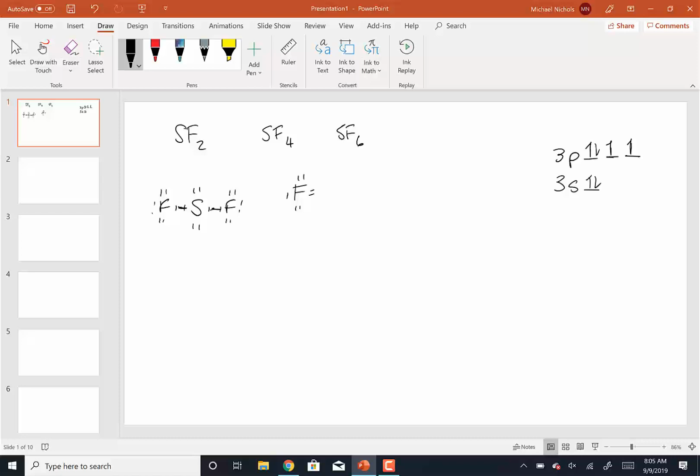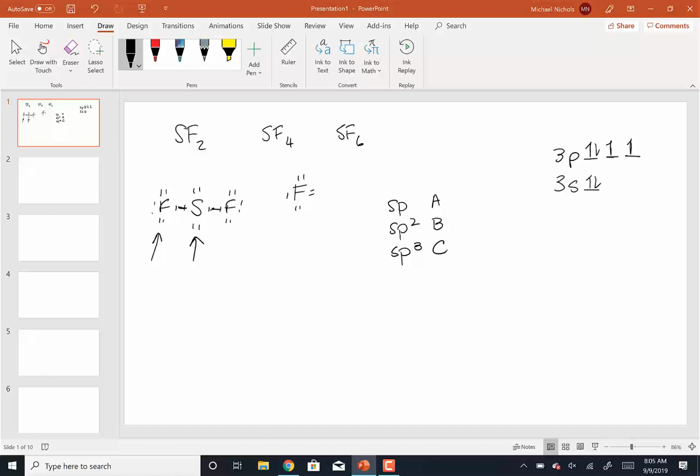So my two questions are, what's the hybridization of the fluorine and what is the hybridization of the sulfur? Okay. So we're not into expanded octets yet. So let's go ahead and choose using the cards that I gave you.